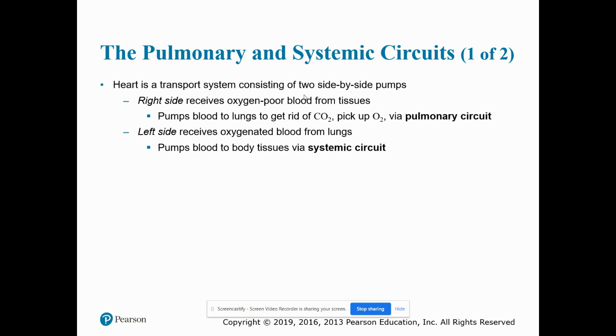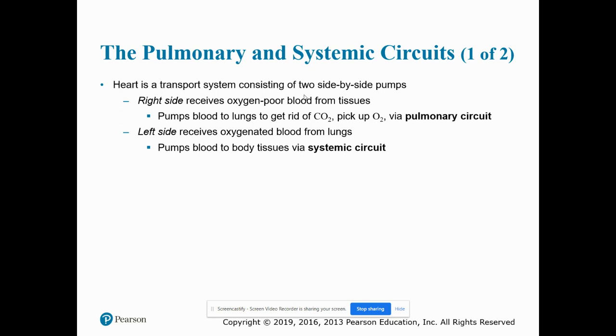The right side is going to receive oxygen-poor blood from the tissues. It's going to come in through the inferior and superior vena cava, and then it's going to pump blood to the lungs. And in the lungs, CO2 is going to be dropped off and O2 is going to be picked up. This is going to be called the pulmonary circuit.